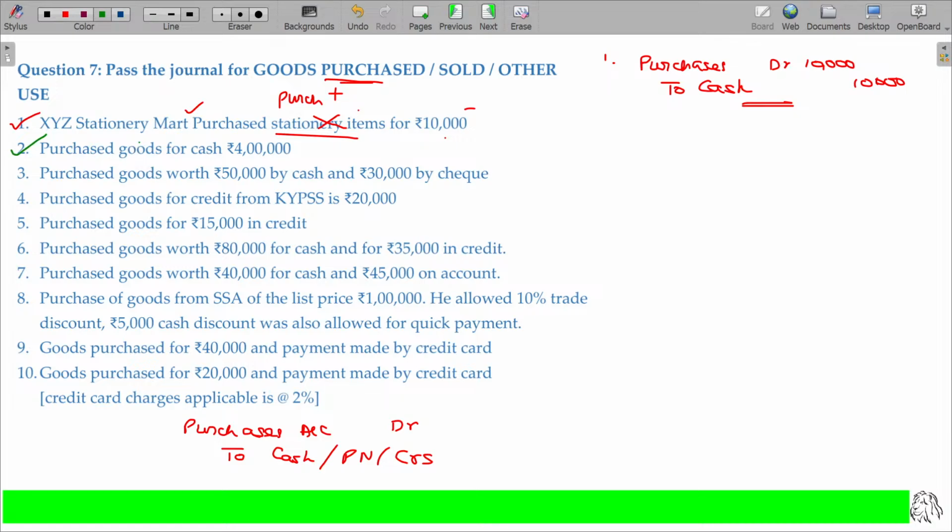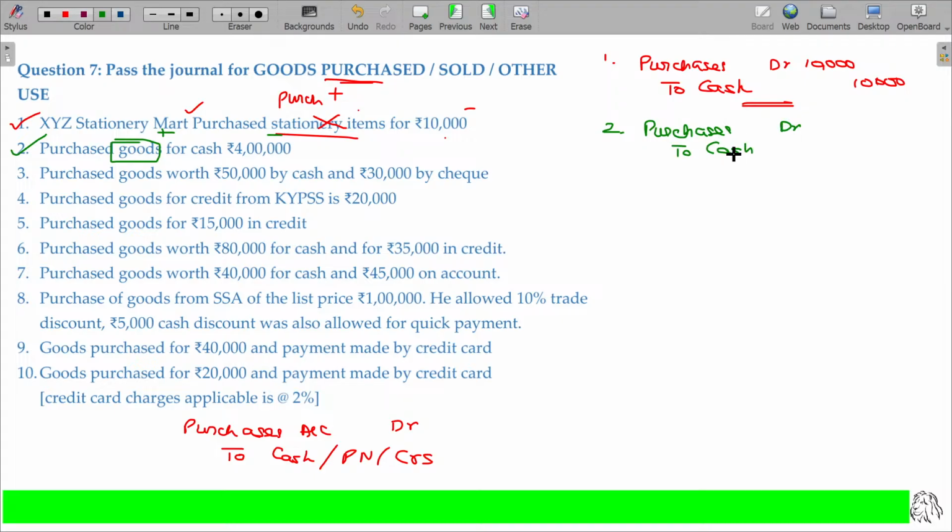Second entry. Usually they will not specifically tell the name of the item. Usually it is termed as goods. Here also, XYZ stationery mart purchased goods for rupees 10,000. The other way of representing. Even though it's goods, it's always purchases only. So goods is plus and cash is minus. The journal entry is purchases account debit to cash.